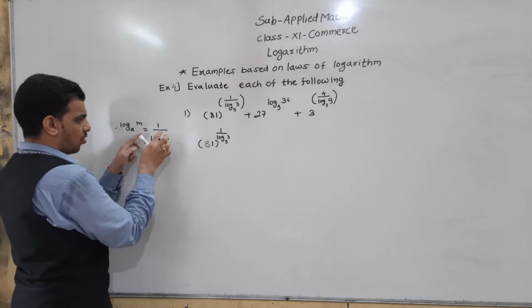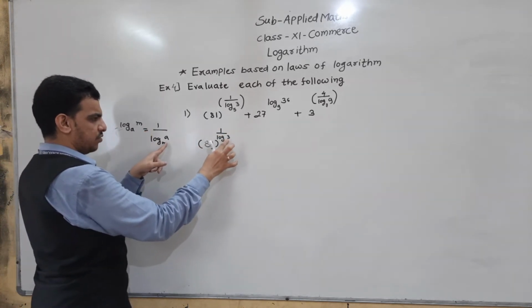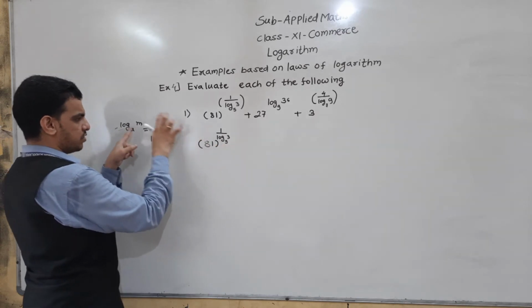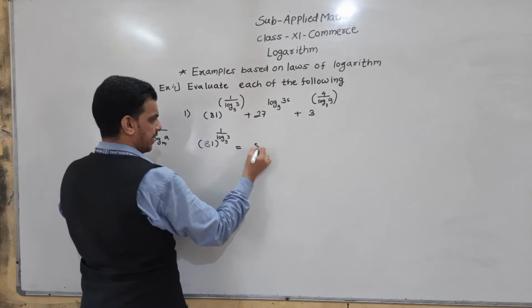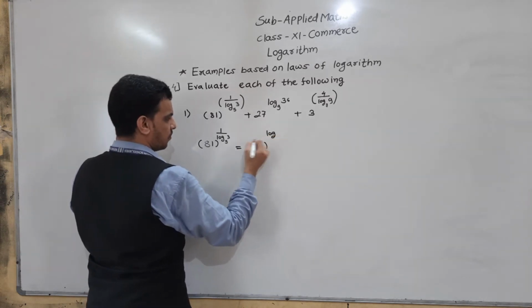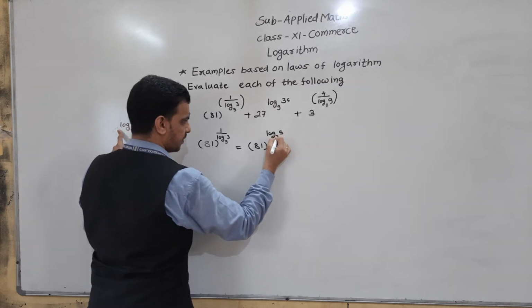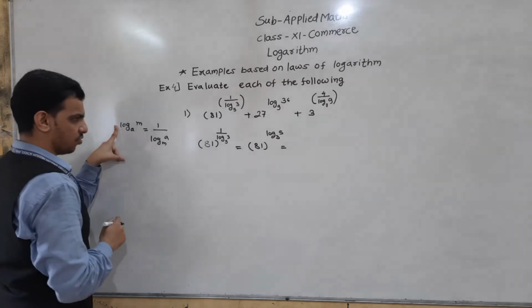So if we have 1 upon log of a to the base m, then it becomes log m to the base a. So 81 raised to, I can write log of 5 to the base 3. Understand this, we have to use this law.